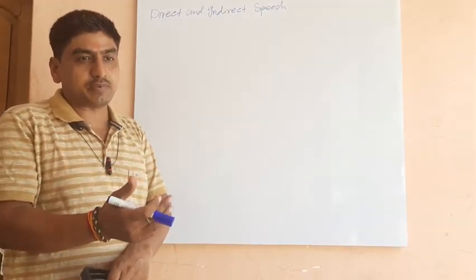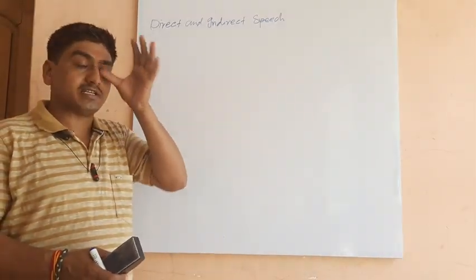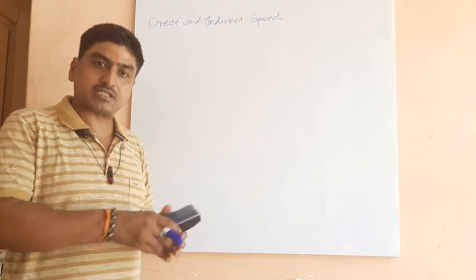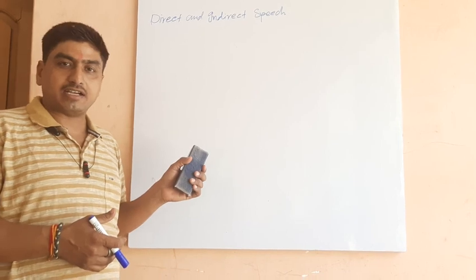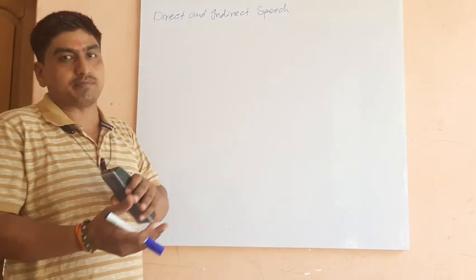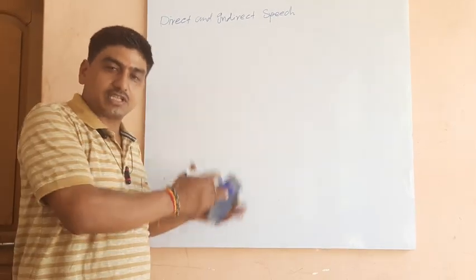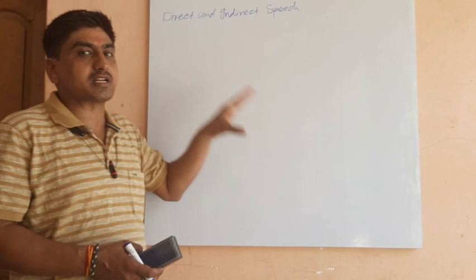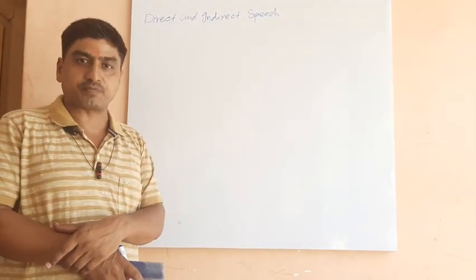And indirect speech is when direct speech is changed without changing its meaning. It means we have to change the structure of direct speech, and we have to use some changes like pronoun changes, tense changes, using conjunctions. But by doing all these things, we change the structure of the sentence, not the meaning of the sentence.